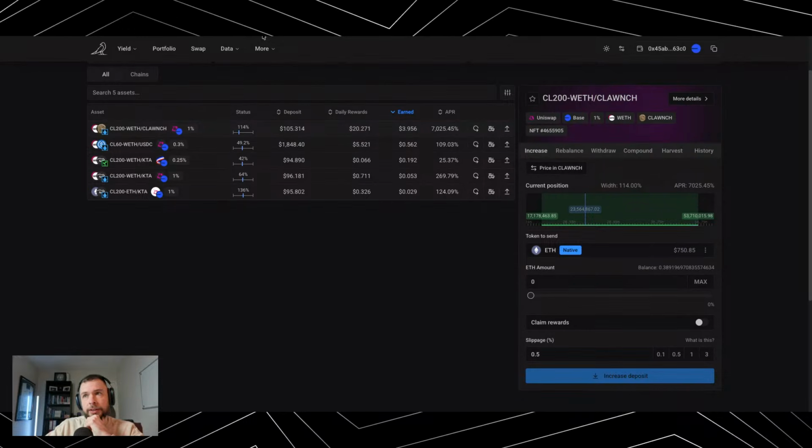Let's have a look at it. So this is it at the moment. There's been a spike in price today. This is obviously a shit coin. 8 million market cap, ridiculous circulating supply. Don't know what it does.